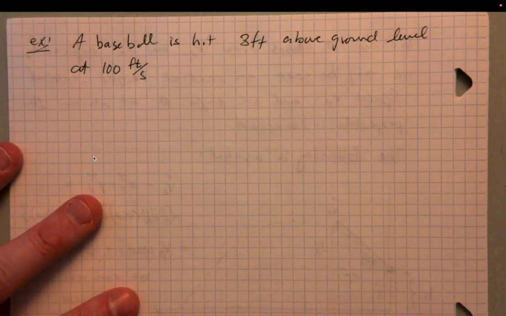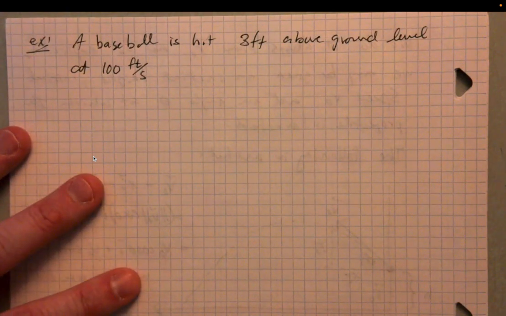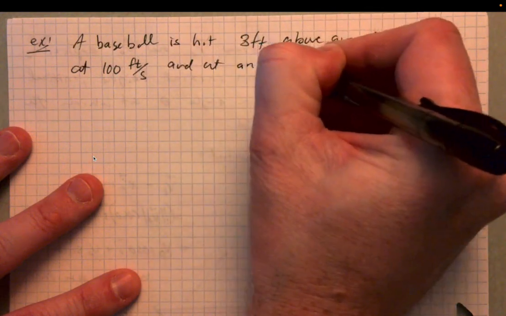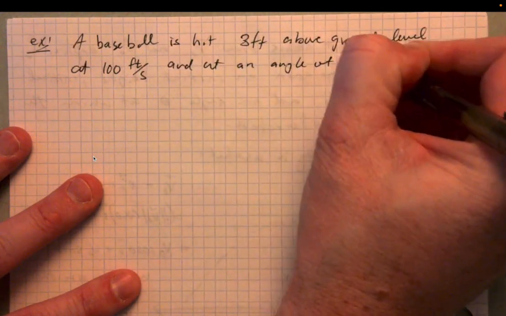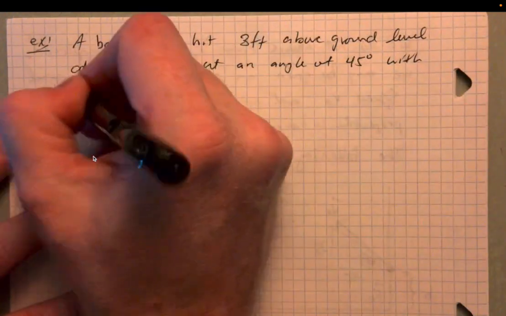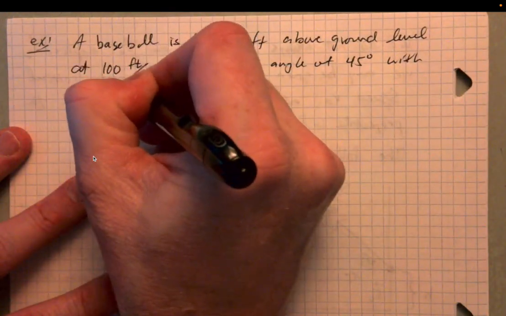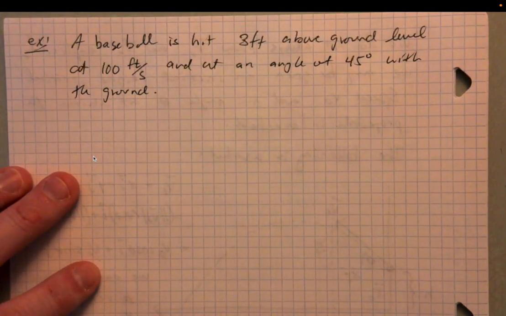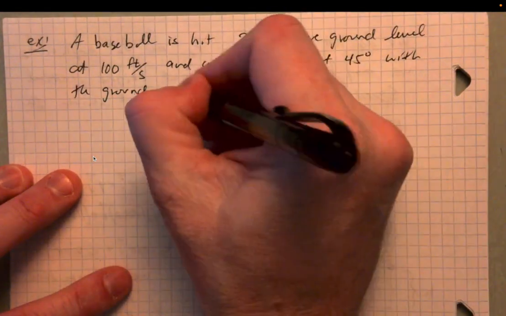So a baseball is hit 3 feet above ground level at 100 feet per second and at an angle of 45 degrees with the ground.